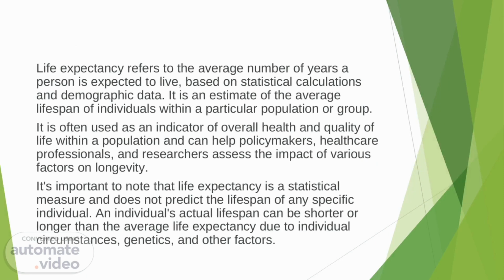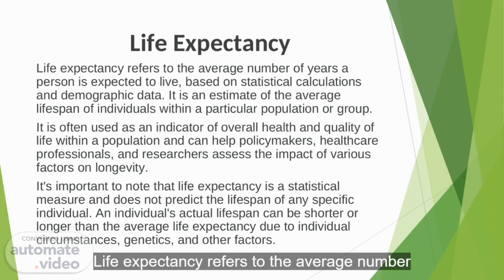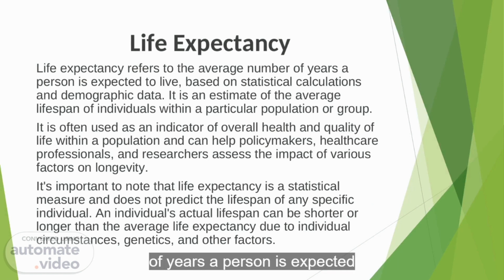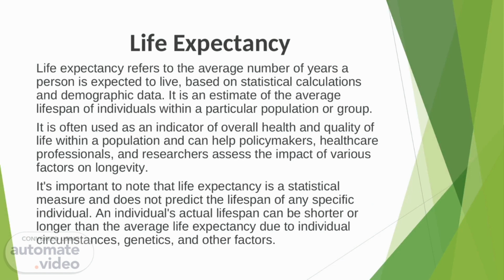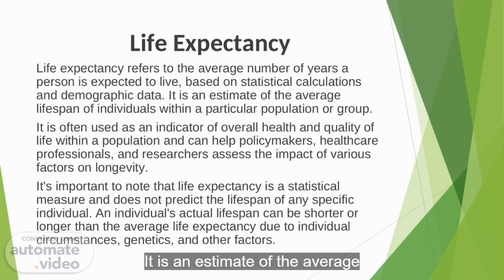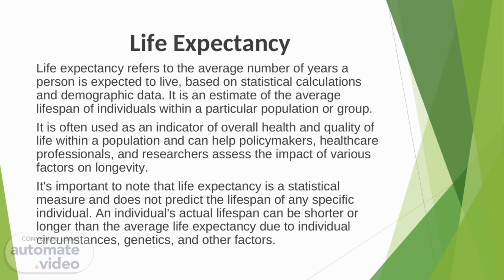Life expectancy. Life expectancy refers to the average number of years a person is expected to live, based on statistical calculations and demographic data. It is an estimate of the average lifespan of individuals within a particular population or group.